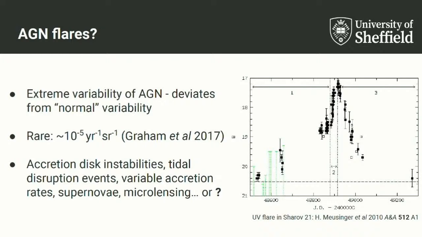However, every now and then we observe AGN that seem to deviate from this standard variability behavior, and they show rapid or extreme brightness changes. Now, the way that people quantify these events varies, but in general, this extreme variability must be statistically significant from the baseline variability, and they point to these as AGN flares.